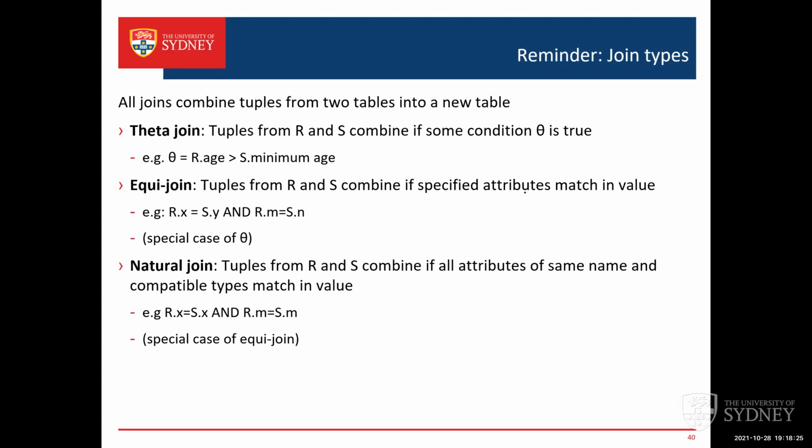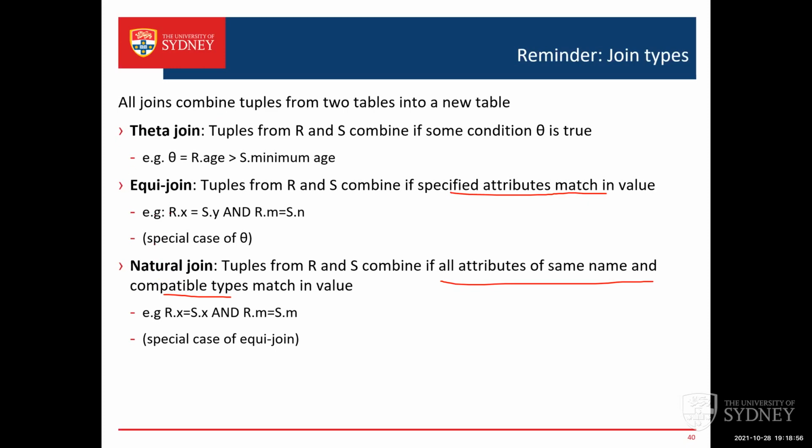So if the specified attributes match in value, then we perform the join. In the equijoin, we always state the attribute name, right? Natural join: if all the attributes of the same name and comparable type are there, we'll combine all of those and then join. So these three kinds of join, hopefully you remember.